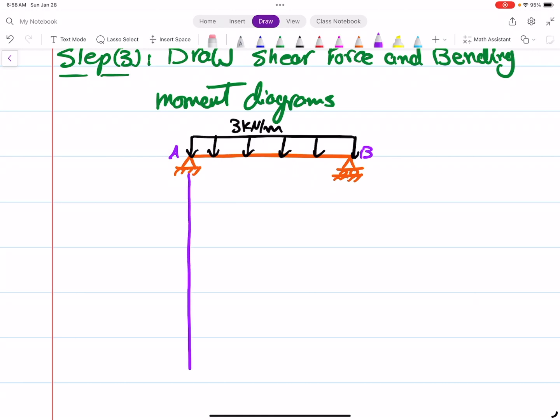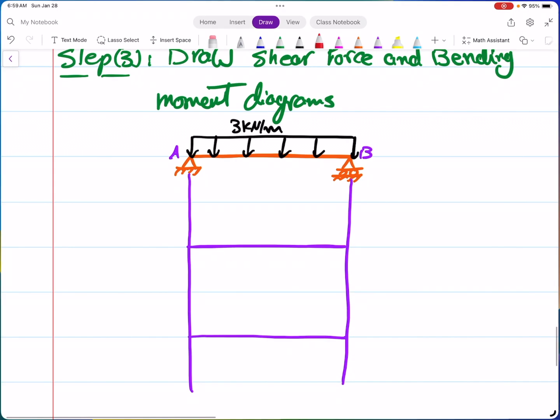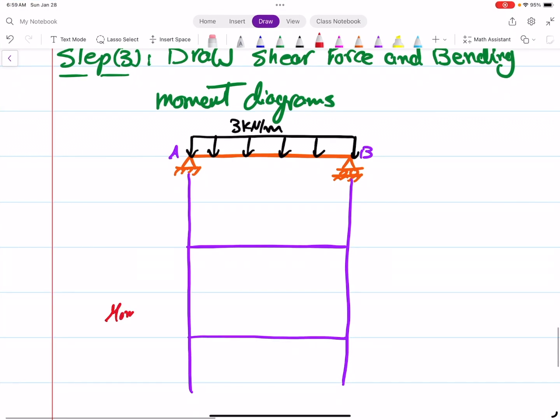And then we will do the two plots for shear and moment under this beam. So this would be for the shear, and this would be for the moment. This is moment M, here it is positive, negative, and then this is the shear V, positive, negative.